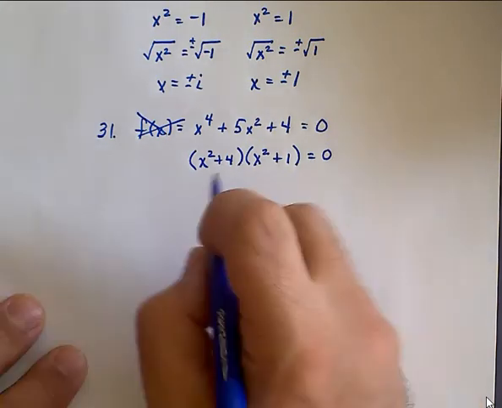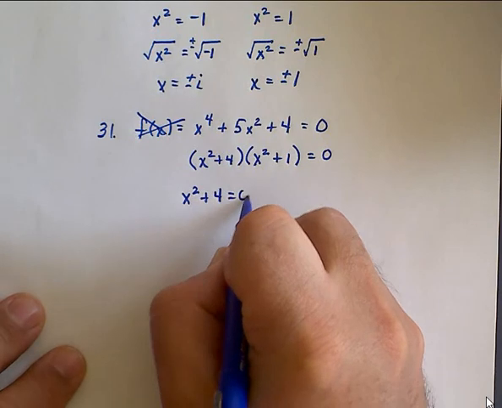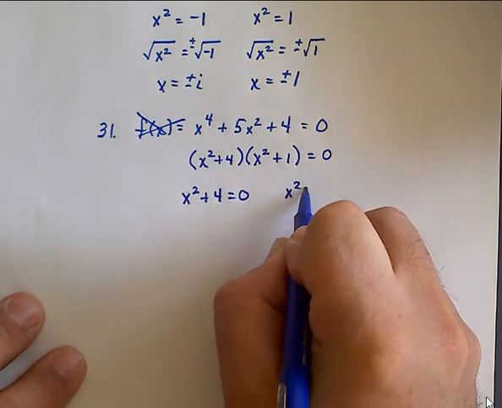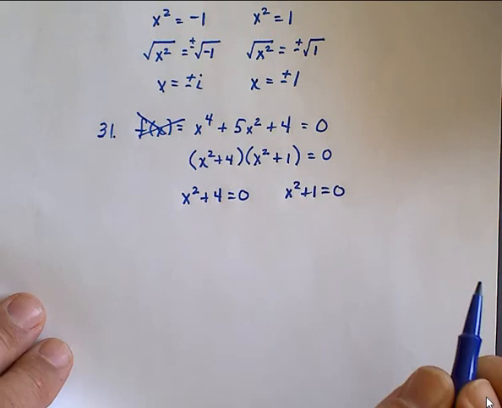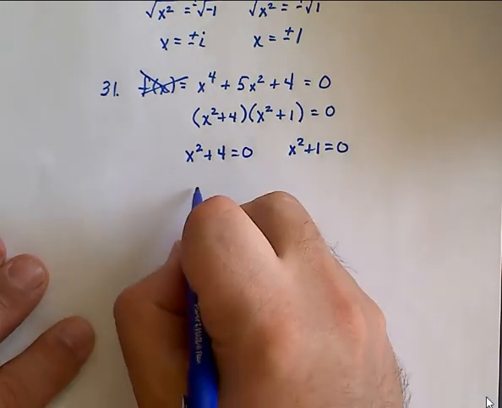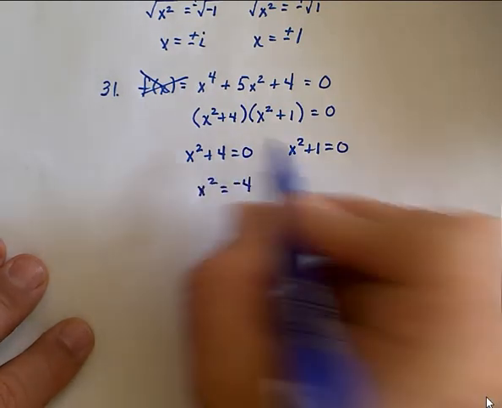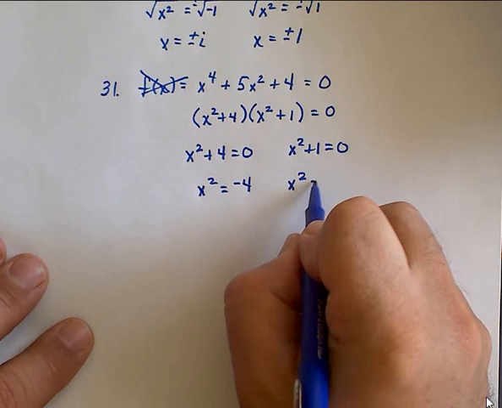If you set each one of those now equal to 0, now we can do like we did on that previous problem and use the square root method. This means that x squared equals negative 4 when you subtract the 4 over. x squared equals negative 1.